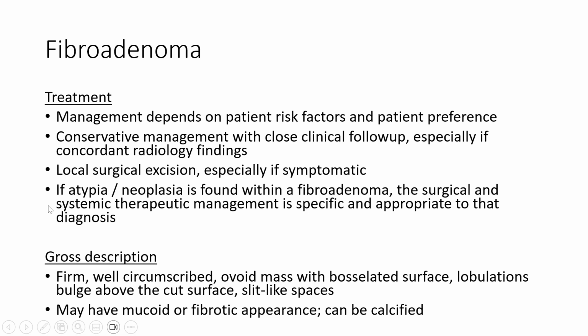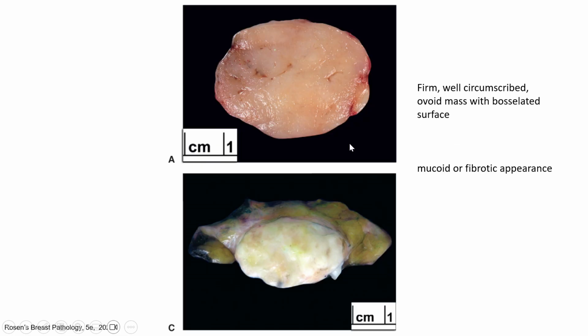The gross finding is usually a firm, well-circumscribed oval mass. The cut surface is just like fibroid. We can also see some slit-like spaces. You can find some mucoid or fibrotic appearance, and some calcifications. So this is the gross image. We can see this firm, well-demarcated oval mass with a bosselated surface, that means different nodules.